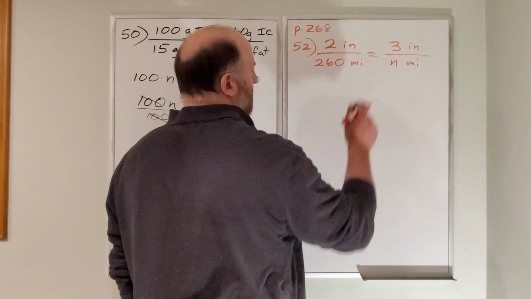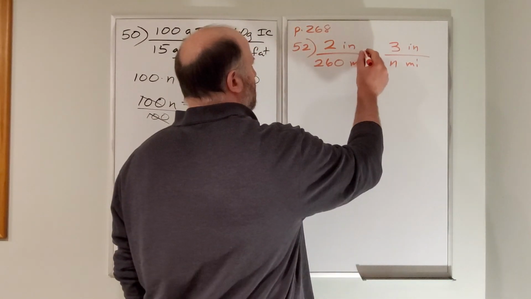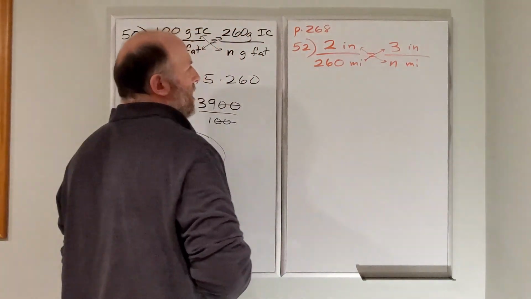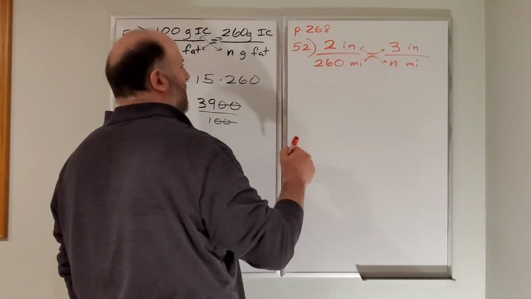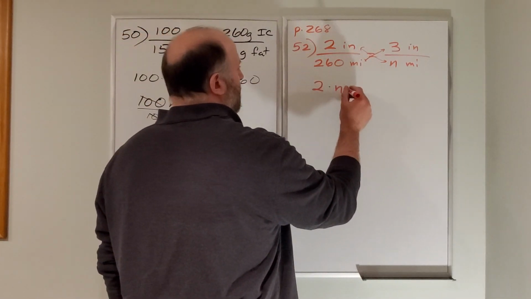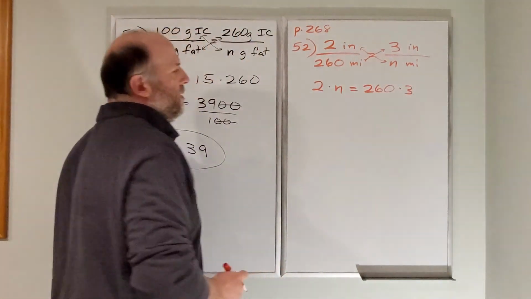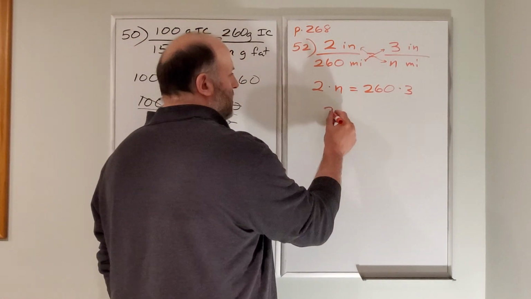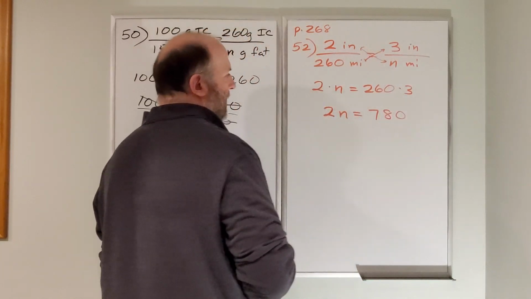So again, not knowing that amount, presumably put the variable in its place when you write the proportion. And to get this out of the proportion model into kind of a nice looking equation, cross multiply. So take 2 times n and set that equal to 260 times 3. Or more simply, 2n equals 780.